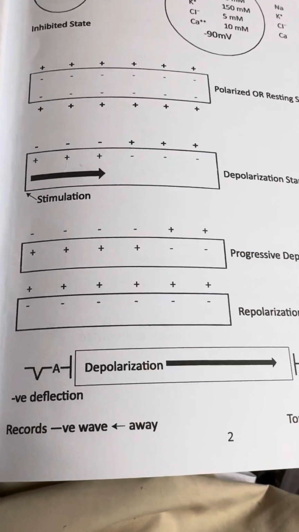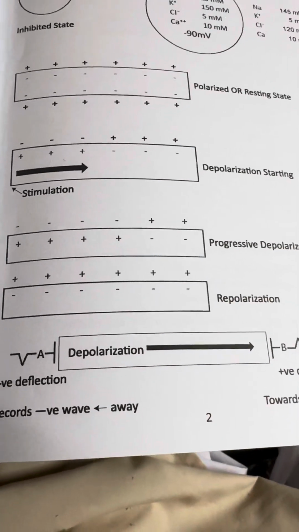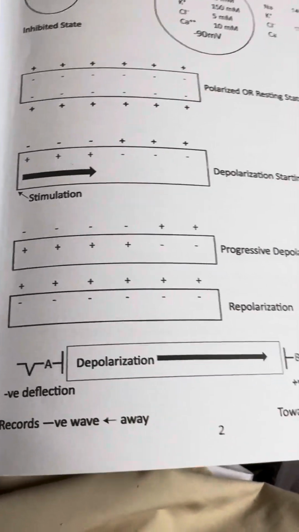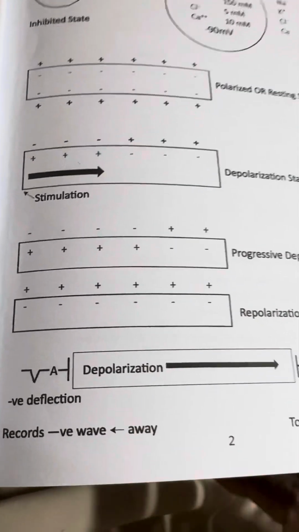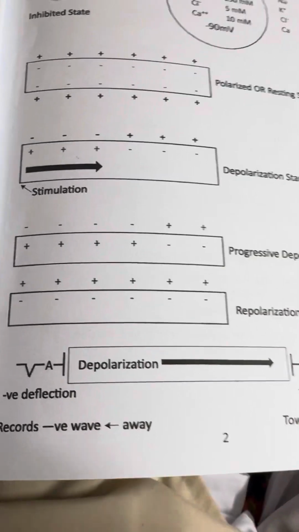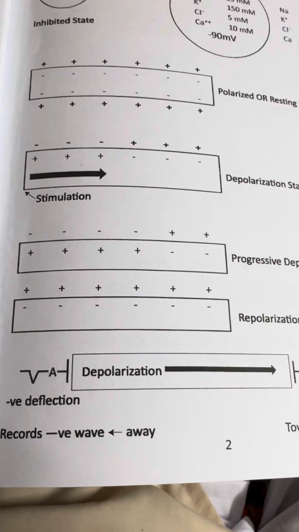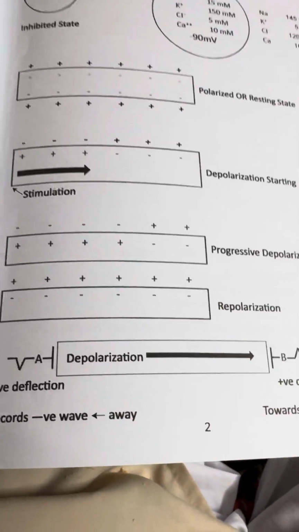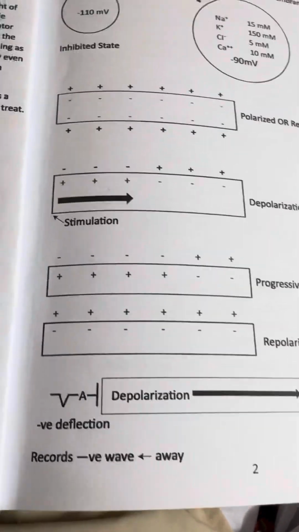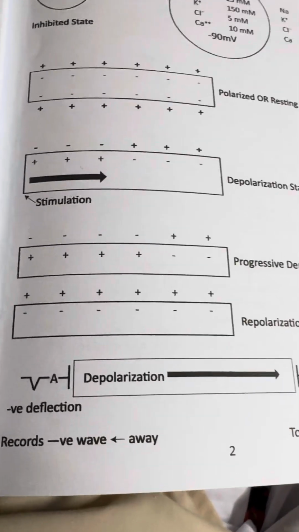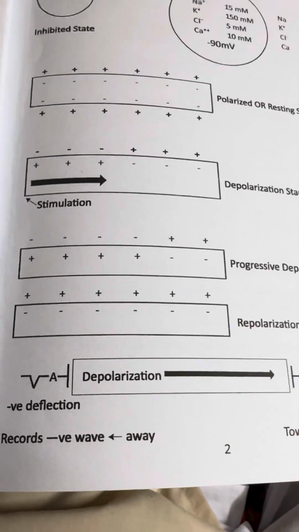I have explained 3 reasons for why inside is negative. Then outside positive, inside negative is known as the polarized state or resting membrane potential. When we stimulate, the inside becomes positive, outside becomes negative. And the impulse travels in this form, in wave form, from one to another.